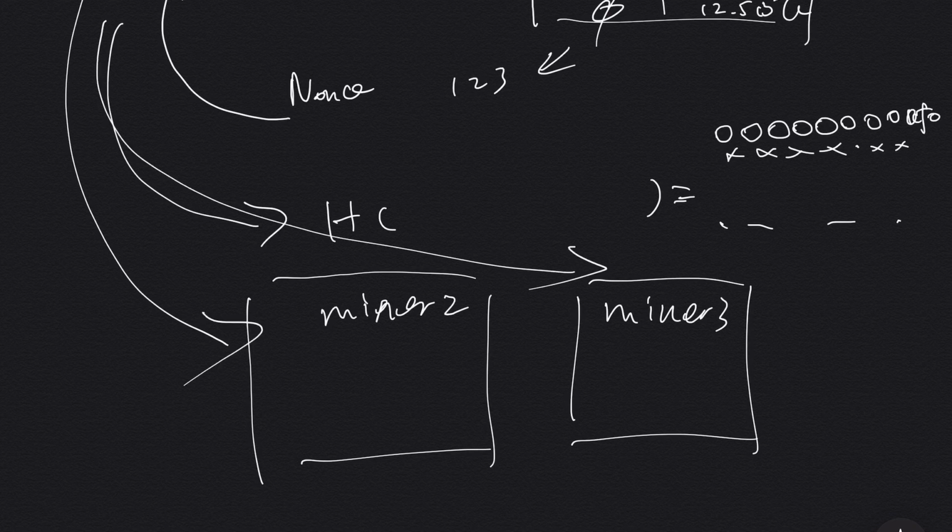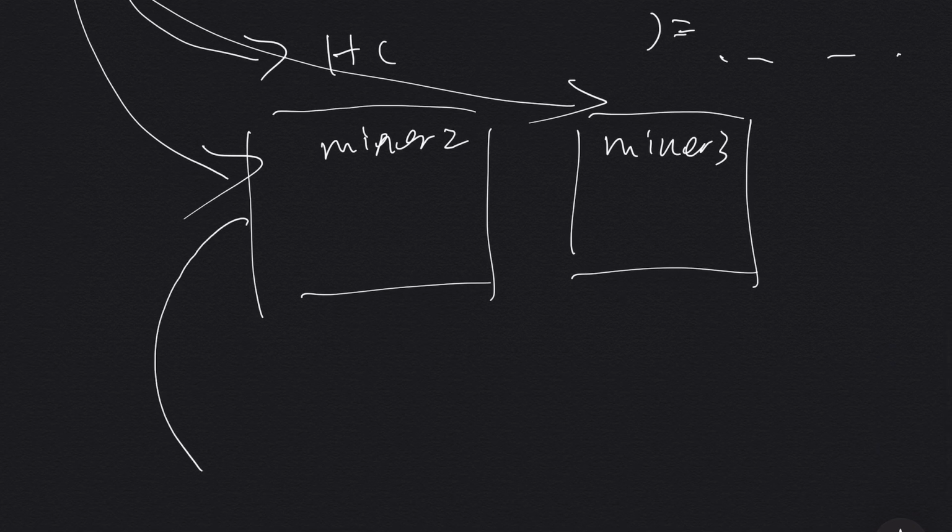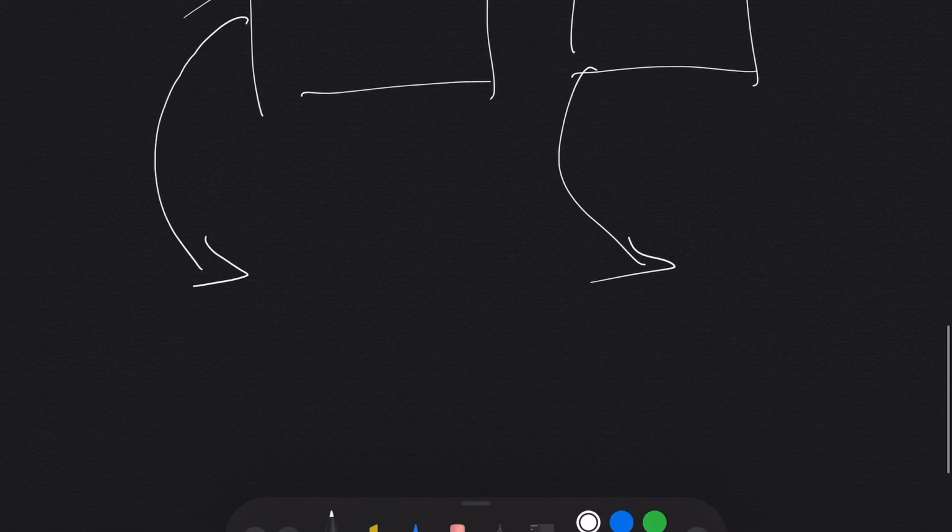You will relay this to other miners, and other miners will keep relaying. Before the other miners keep relaying this block, they will do the same validation again. By keep doing that, eventually in the Bitcoin network, the majority of the miners will have your block.